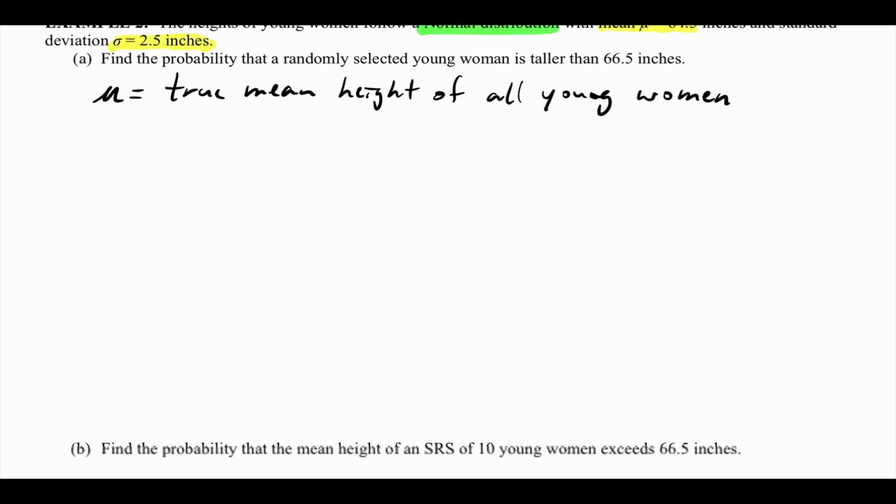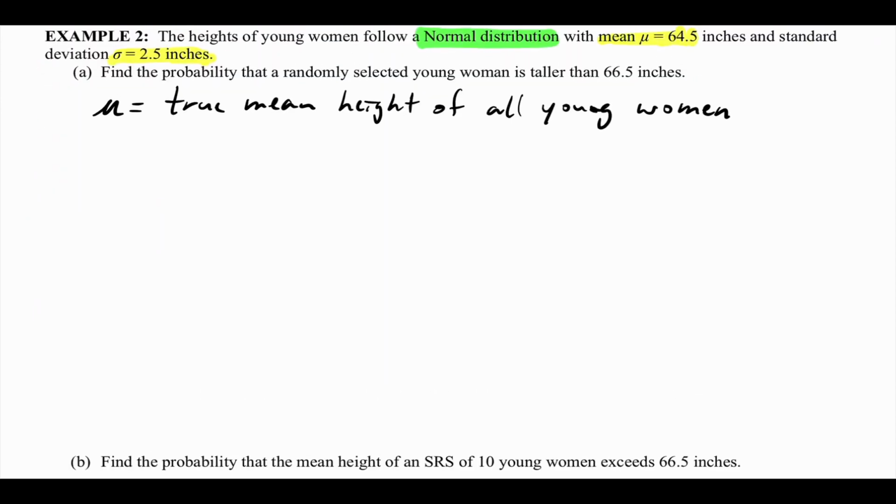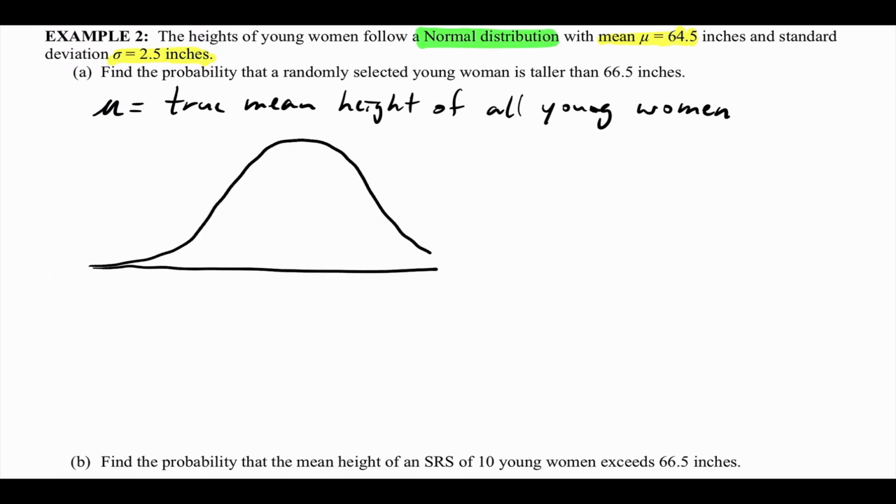The next step is use the normal model to answer the question. Okay, so let me draw a picture. The true center, it said, was 64.5. The question says taller than 66.5.